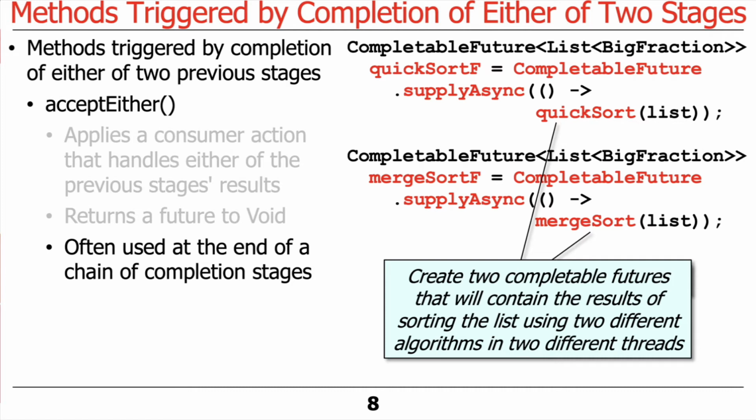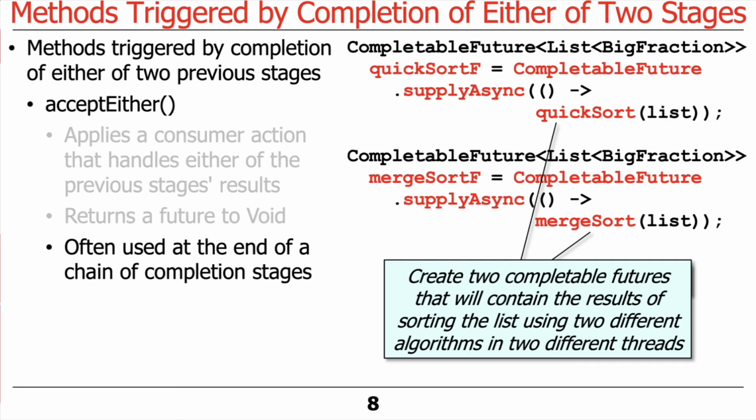This is another example of how we can take advantage of the proliferation of cores in a modern multi-core processor. Once again, theorists like to argue which sorting algorithm is the best. What we're going to see here is it no longer matters because you can pick your favorite two sorting algorithms. You could use quicksort and merge sort, or heap sort and quicksort, or heap sort and merge sort, or insertion sort and quicksort, whatever you want.